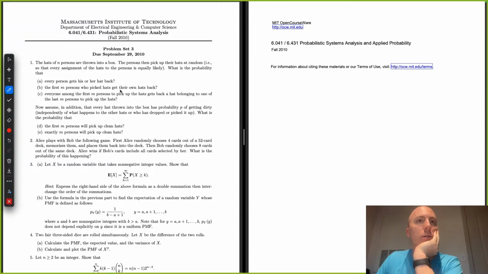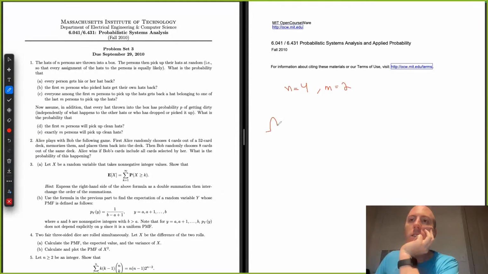All right, the first m persons who picked their own hats get their own hat back. So I'm thinking about this in 2 ways now. It's a bit more intuitive to think about it in terms of the tuples. Say for instance, n is equal to 4 and m is equal to 2.